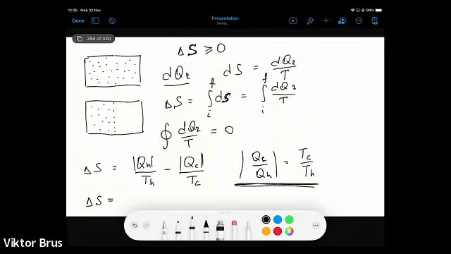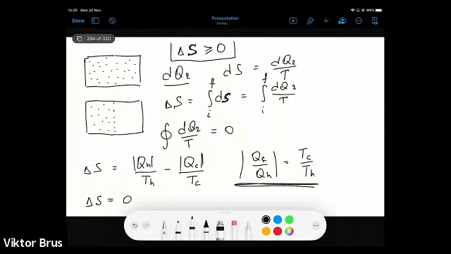Delta S will be equal to 0. The change of entropy for the Carnot cycle will be equal to 0, because this is a so-called reversible cycle.